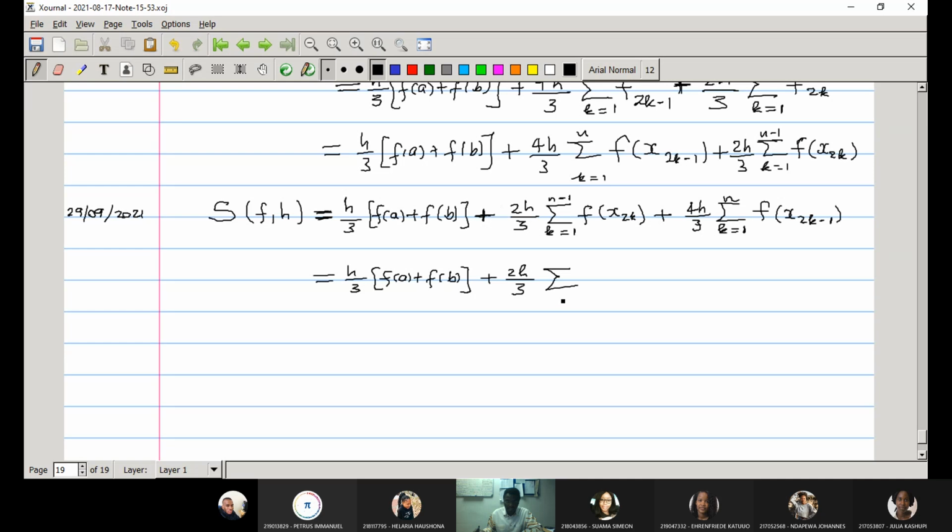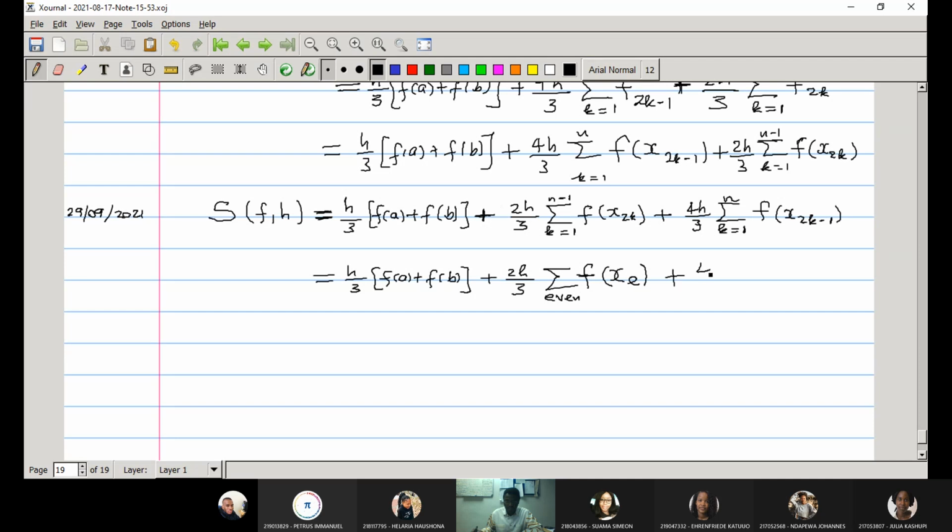Here you say summation on even, or you can say k even. You can write e here for even to say that you sum over all of the even terms.